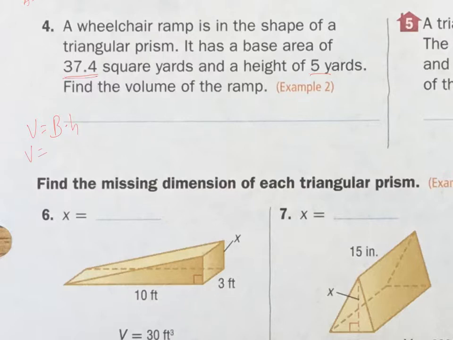It told me the area of the base is 37.4, and I multiply that times the height, and it told me it was 5. So 37.4 times 5 equals 187. Said it was yards, and because it's the volume, it's cubed.